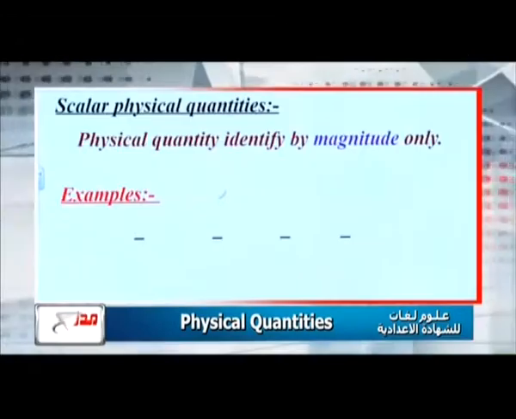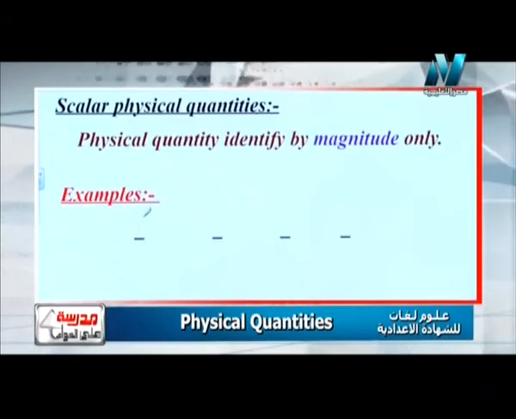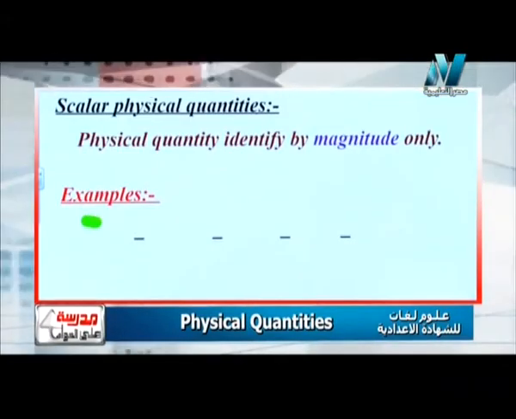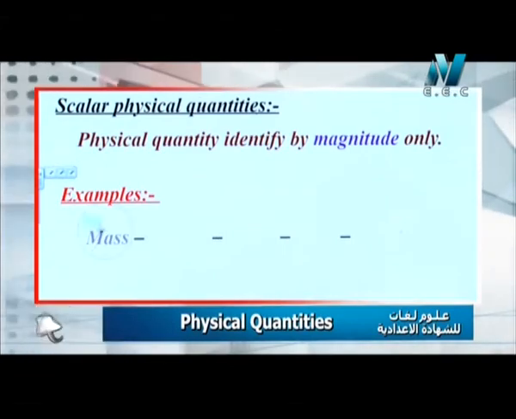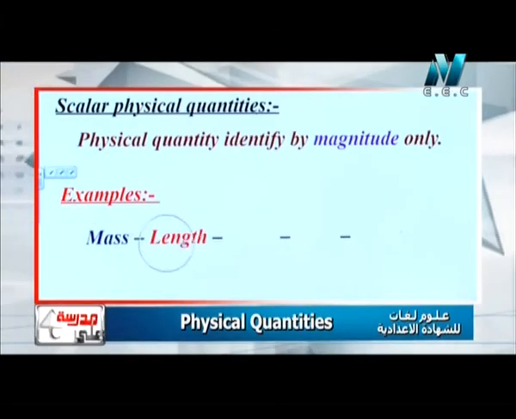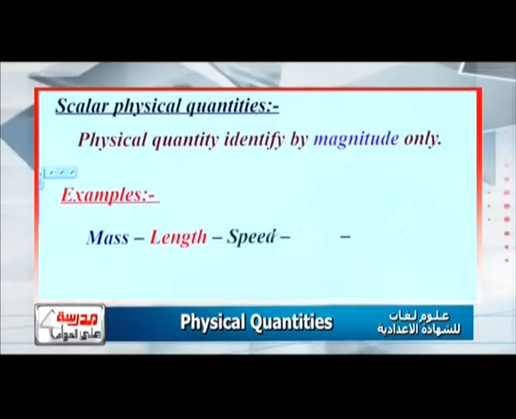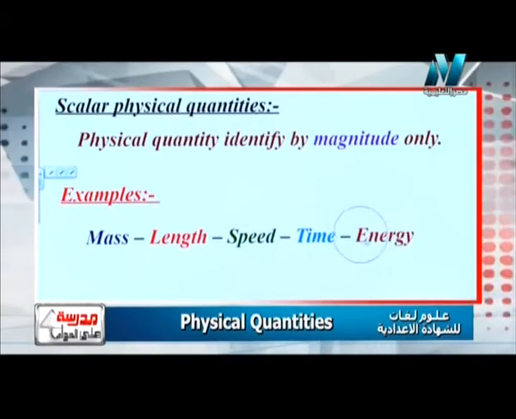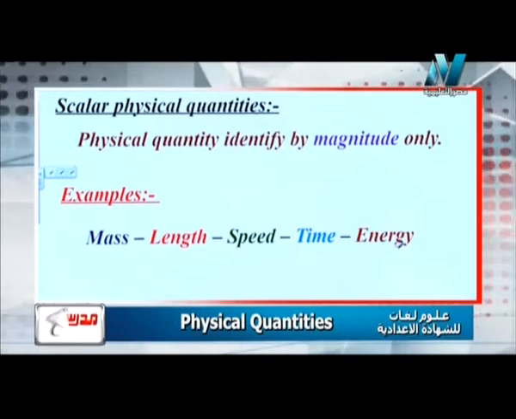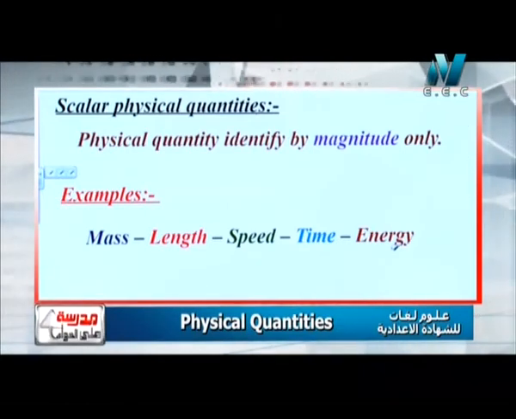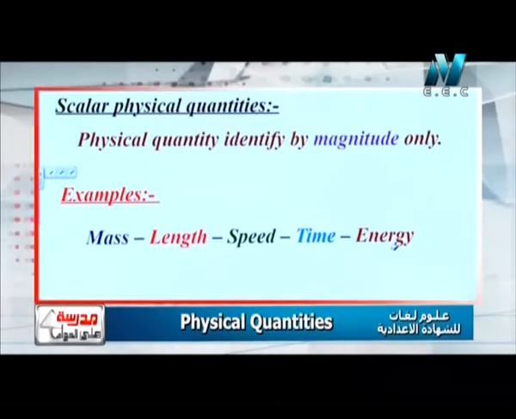For example: mass, length, speed, time, and energy. These physical quantities are called scalar physical quantities.